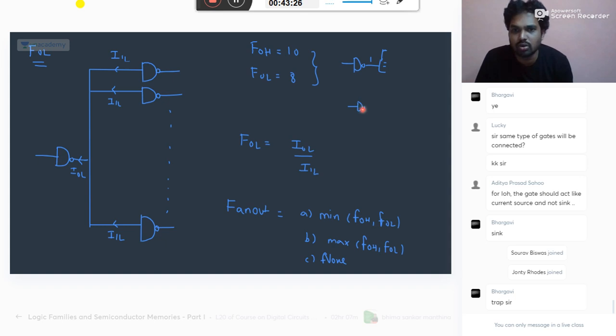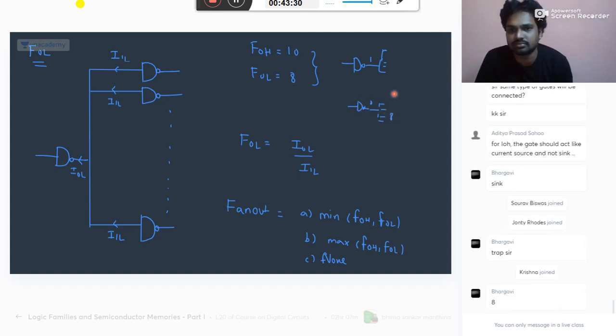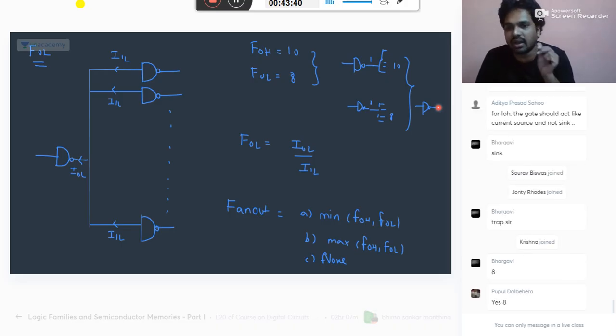When the output is low, I can connect 8. But every time I cannot change the number of gates. So I want a number which satisfies both the conditions.